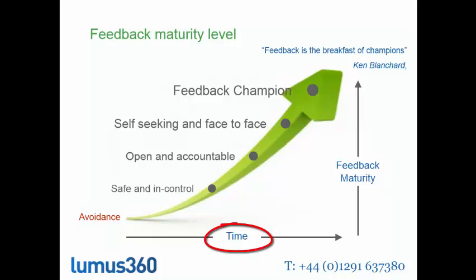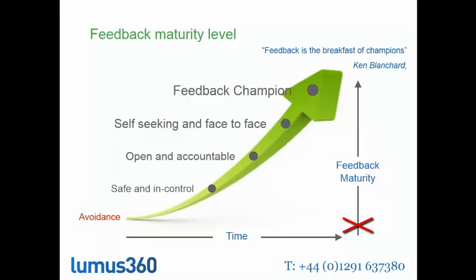Across the bottom we've got time, and then up the side we've got the level of feedback maturity. In an organisational culture that has a low level of maturity, what typically happens is that people don't know how to give sound, constructive, developmental feedback to each other, particularly when it comes to giving feedback to colleagues or to their line manager.